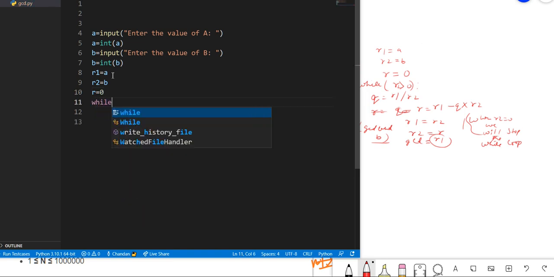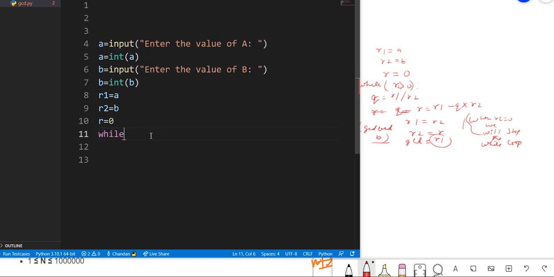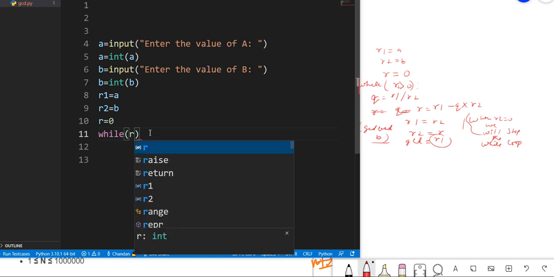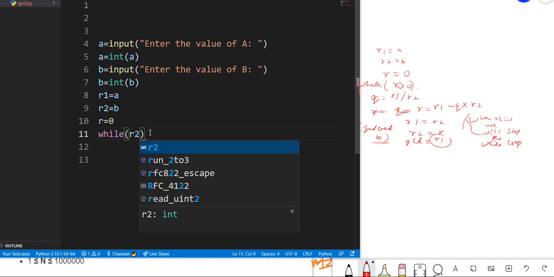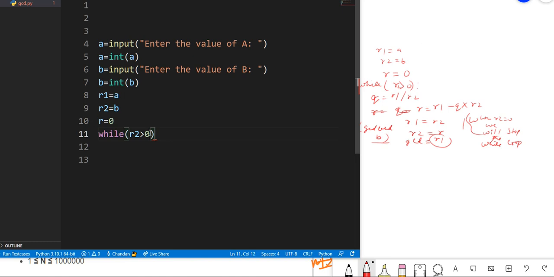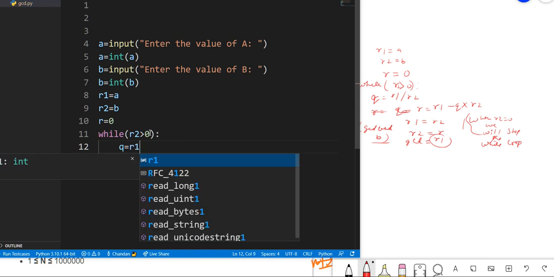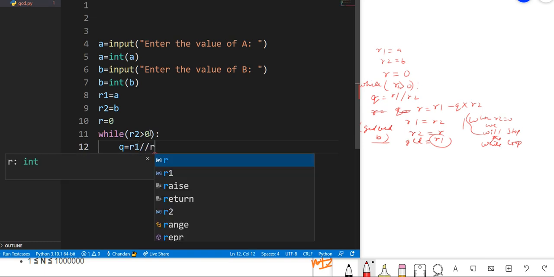Now I will run the loop while r2 greater than 0. While r2 is greater than 0, q equals r1 divided by r2.